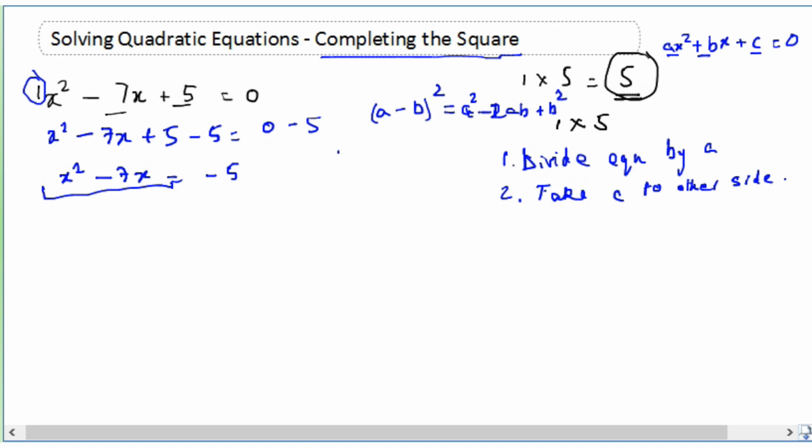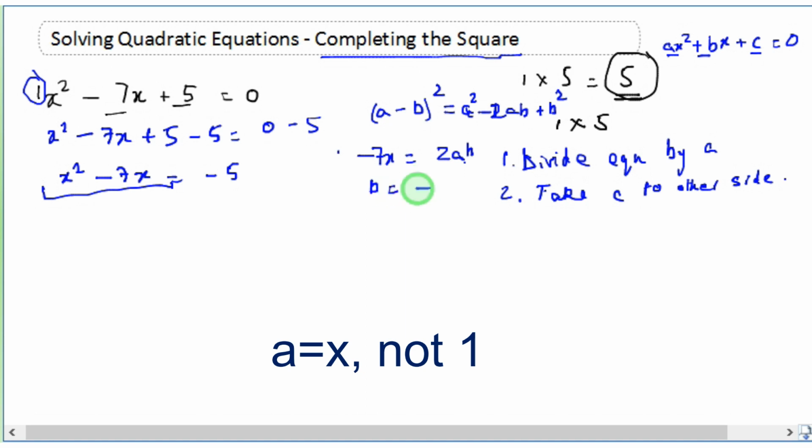But if negative 7x is equal to 2ab, where a we know is equal to 1, so what will b be equal to? B in that case will be negative 7 over 2, right? Because a is x, so dividing both sides by 2x we get negative 7 over 2.